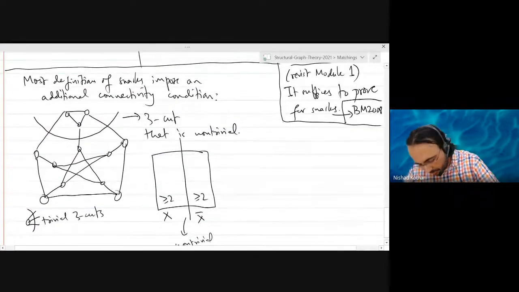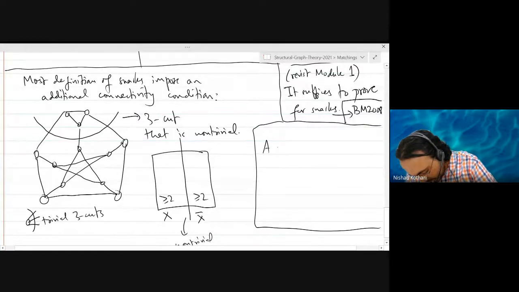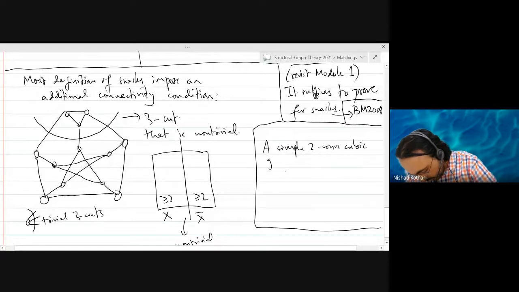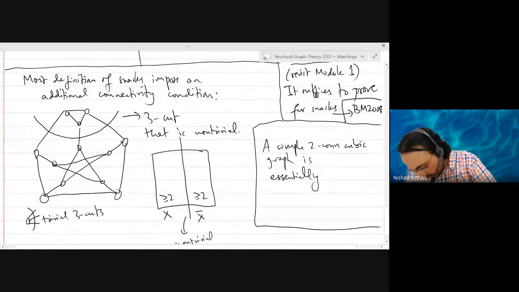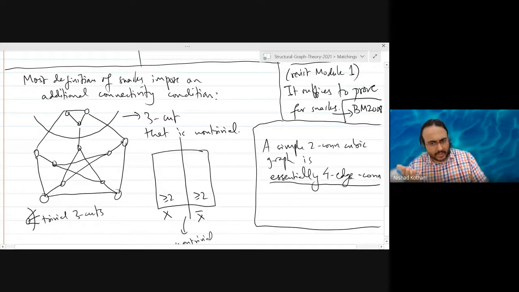So a simple two-connected cubic graph is called essentially four edge connected. This is a different notion of connectivity. It is like edge connectivity, but a slightly weaker version of edge connectivity, right? Because of course a cubic graph cannot be four edge connected because you have these trivial three cuts.